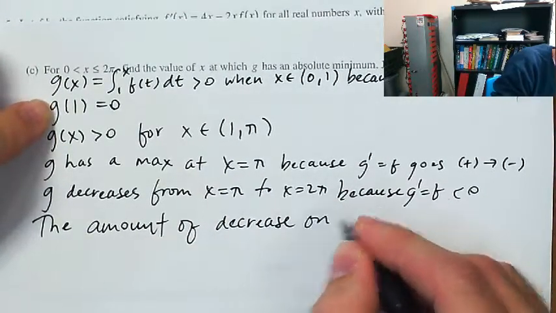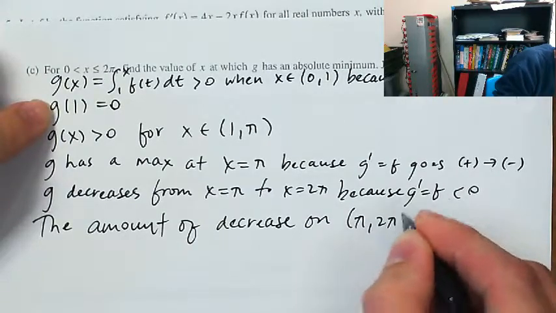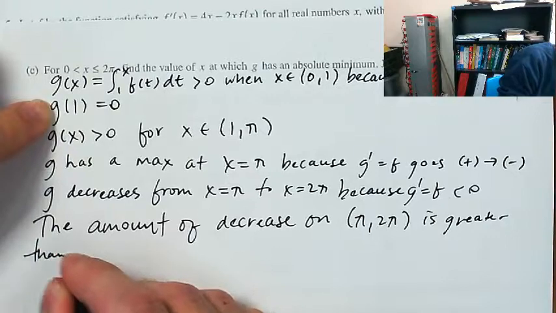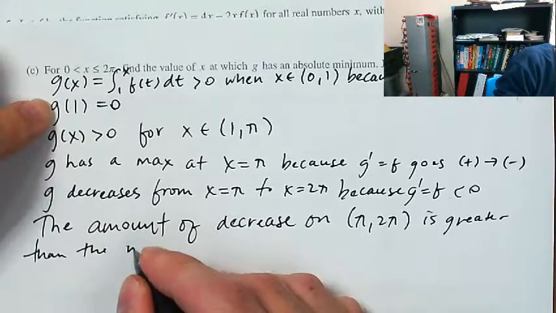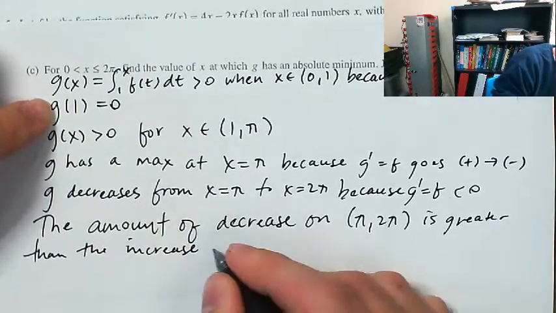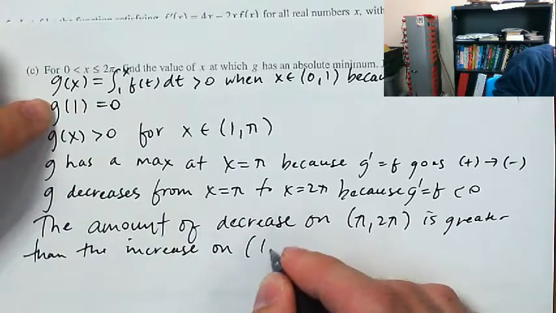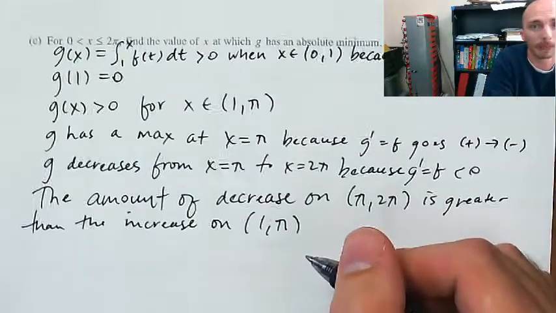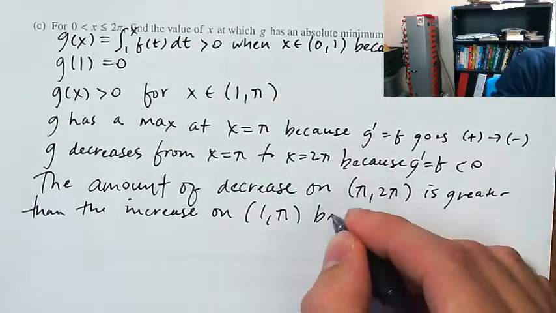the amount of decrease on pi to 2 pi is greater than the increase on 1 to pi because of the difference in area, which I don't know how to say yet. I'm going to think about how to say that.